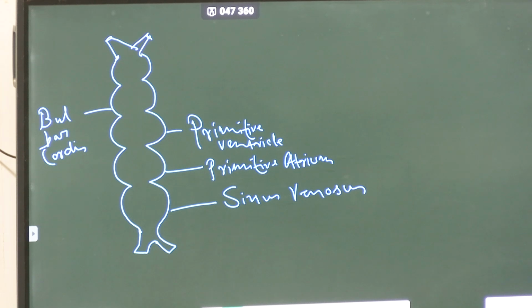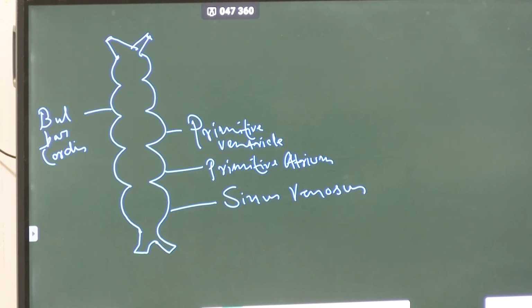Now, at this area, some cells migrate from epiblast. If you remember the bilaminar germ disc, the lower layer is hypoblast, the upper is epiblast.